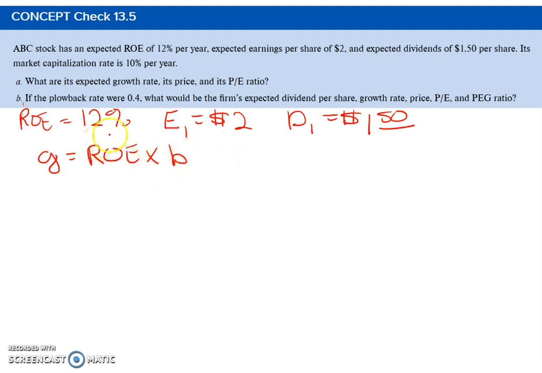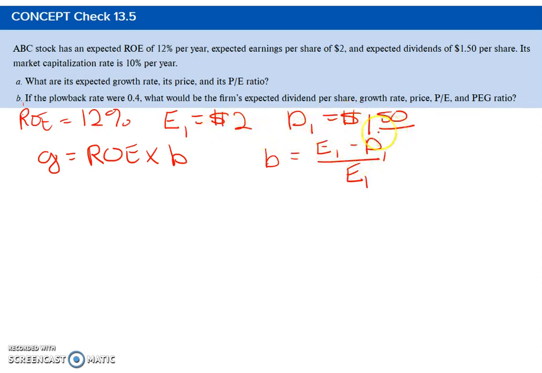So we've got ROE, we need to calculate B. So the B is going to be equal to the earnings minus the dividend divided by the earnings. So that's the percentage of the earnings that is reinvested.